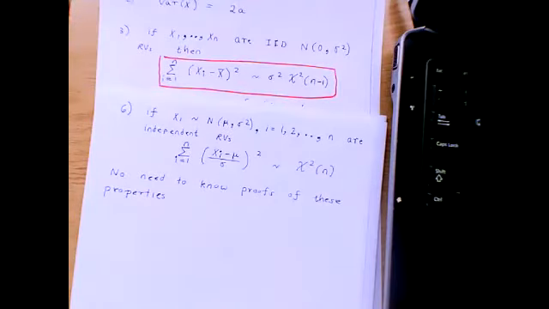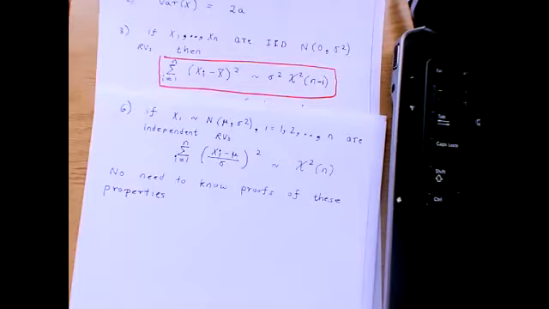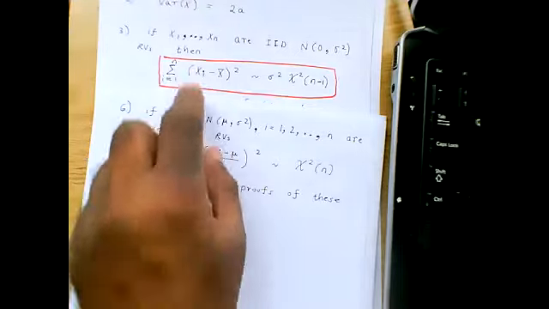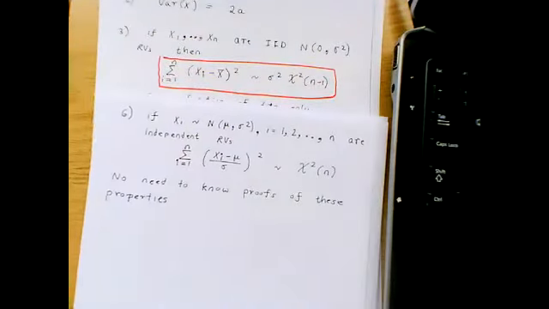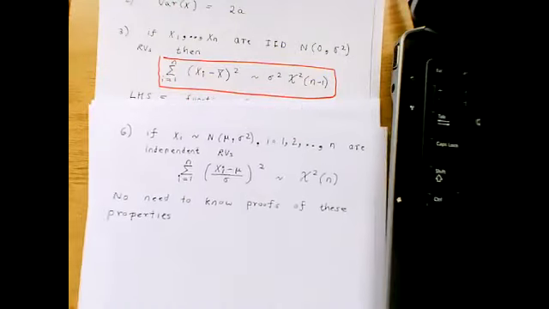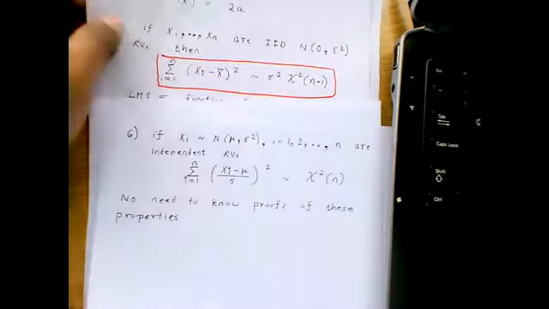The difference is that in property 3 the deviations are taken with respect to the sample mean, whereas in property 6 they are taken with respect to the population mean. So there's a huge difference between these two, and you must be careful which to use when.